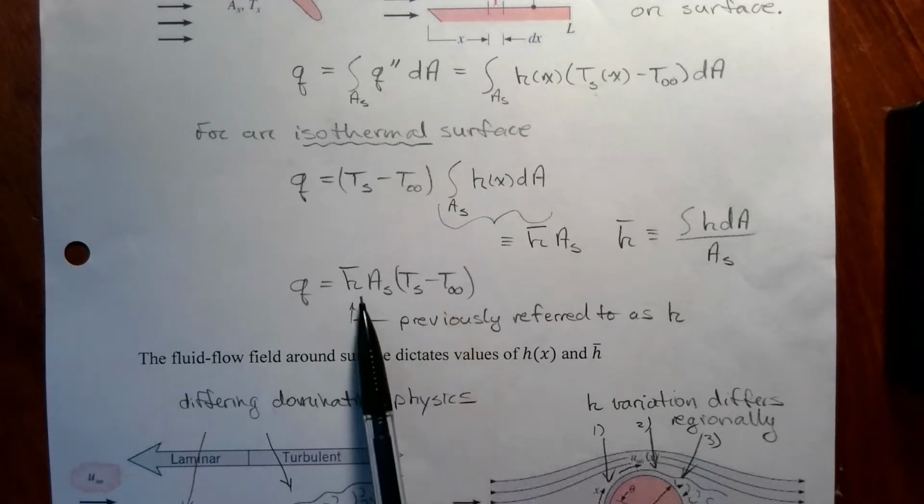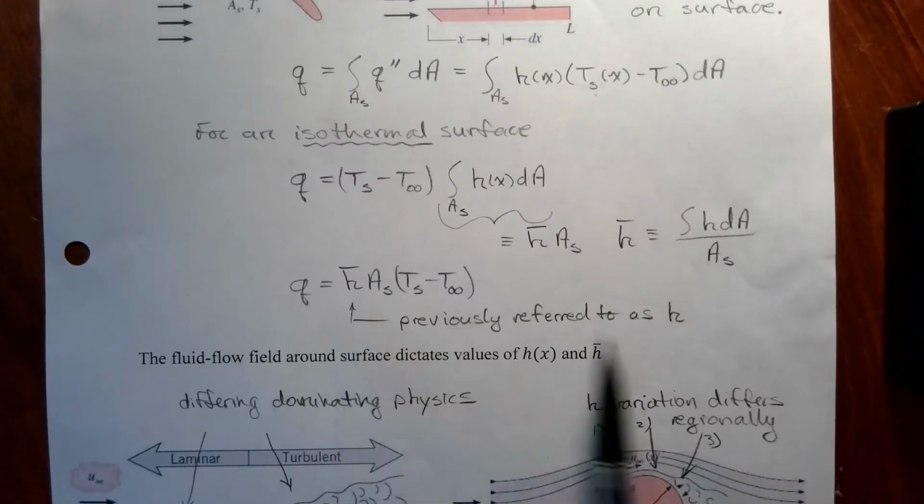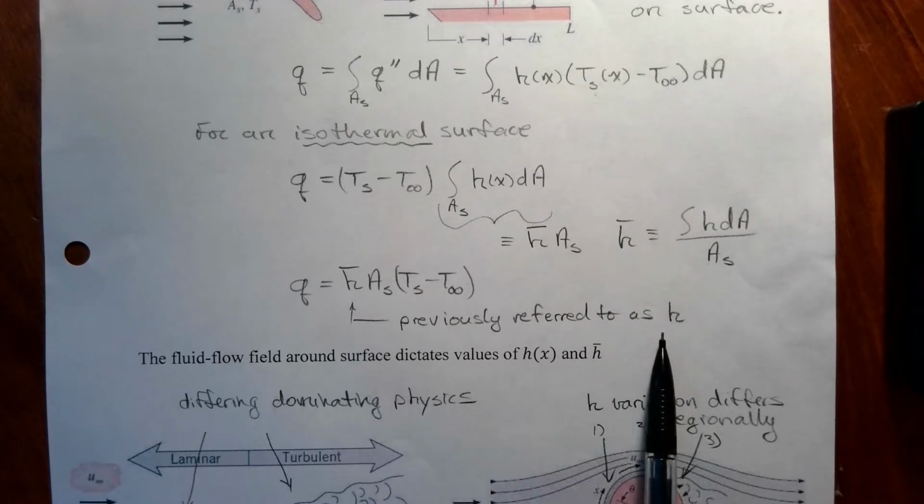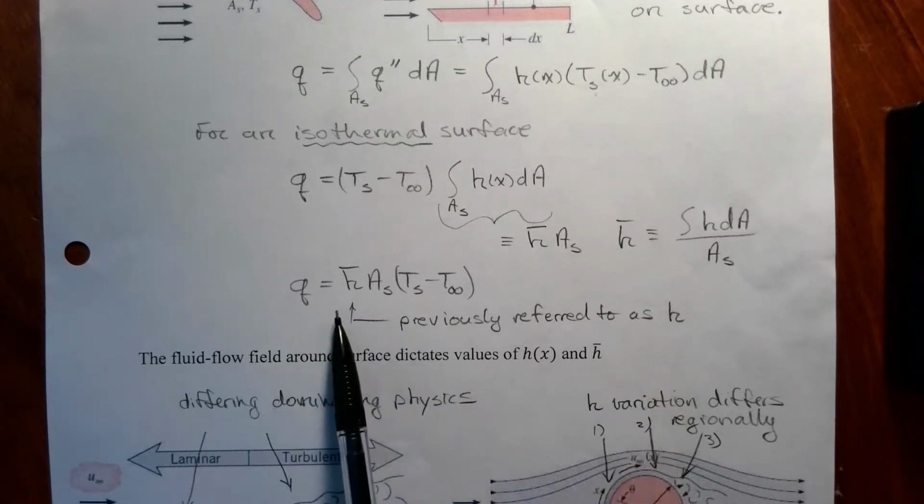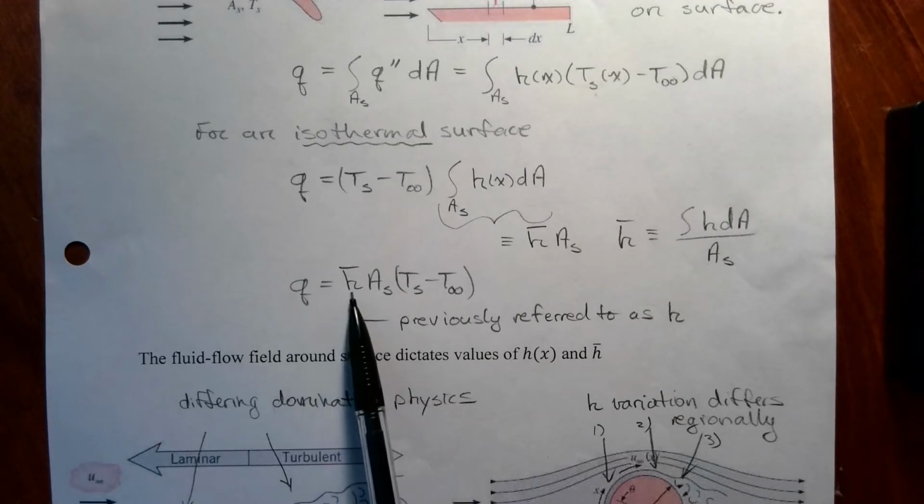Previously we called that H and didn't distinguish between a local or an average value. It turns out that in Chapter 1, H was the average value. So now we're going to distinguish a local from an average. H bar means the average H over an entire surface.